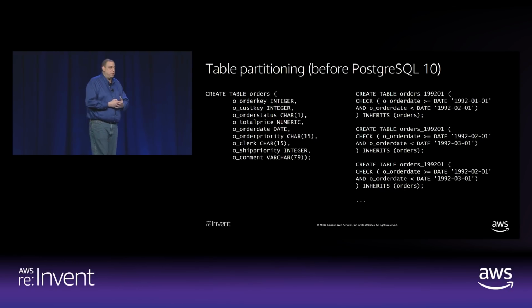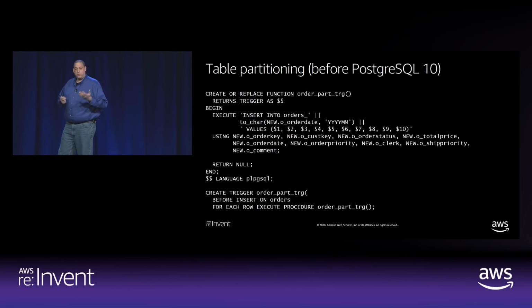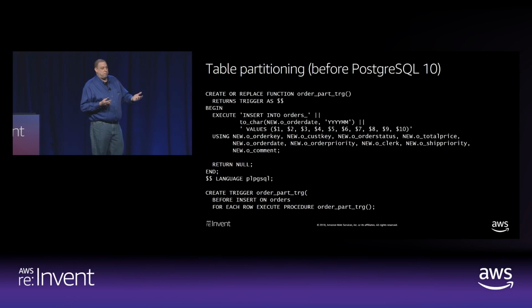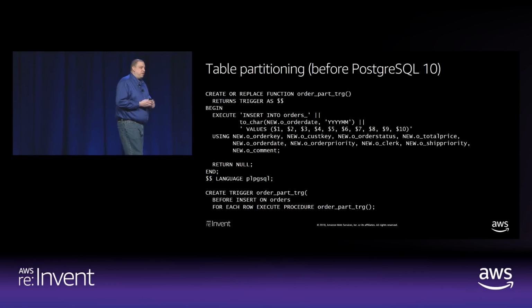But because you would use table inheritance for other things other than just table partitioning, Postgres didn't have the ability to know how to route the data into there. So before Postgres 10, you had to create triggers in order to route that in there. Right? I like writing code and all, but writing partitioning triggers is not always a fun thing to do. It's just the overhead of doing that, and you're adding overhead of just writing a trigger in the first place.